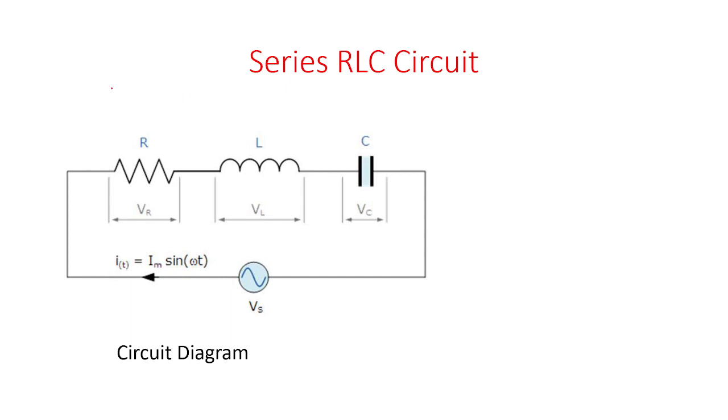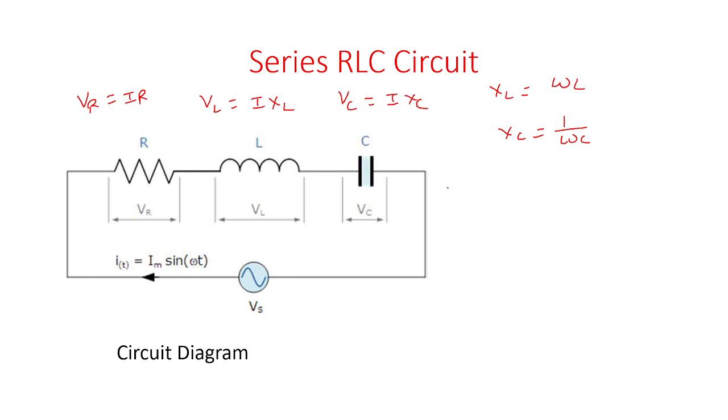The voltages can be calculated as VR equal to IR, VL equal to I XL, and VC equal to I XC, where I is the same current flowing in all the components. XL is omega L, and XC is 1 divided by omega C. These are the magnitudes of the inductive reactance and capacitive reactance respectively.